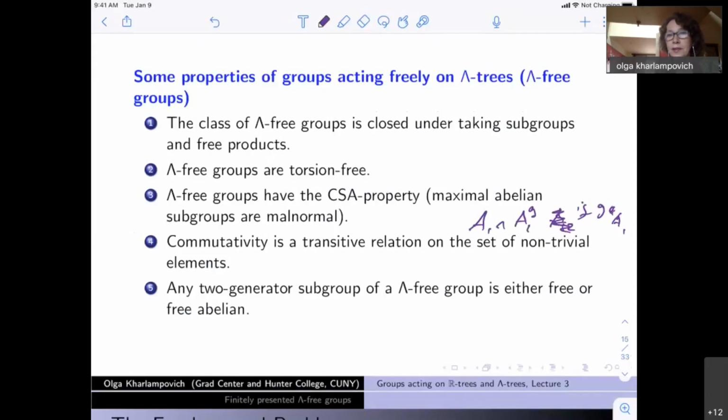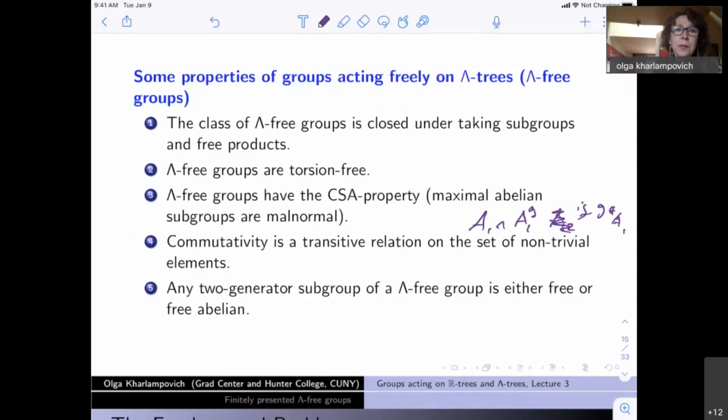If A commutes with B, B non-trivial, and B commutes with C, then A commutes with C. And this means exactly that the centralizer of a non-trivial element is an abelian group, because these are all the elements which commute with some element A, and therefore they all commute with each other. Now also, any two-generated subgroup of a lambda free group is free or free abelian.